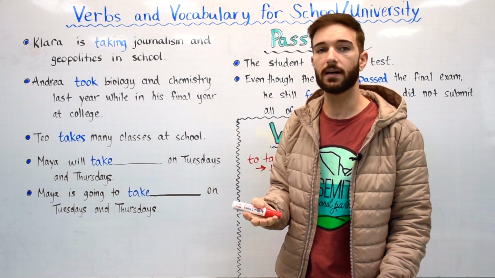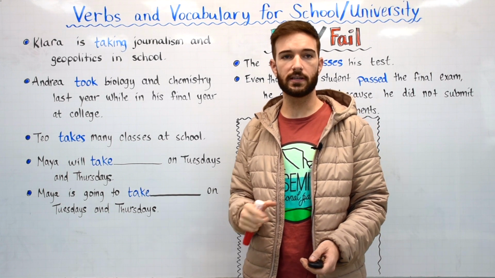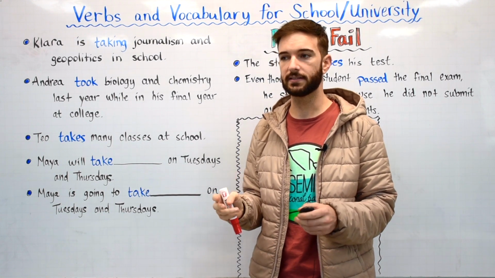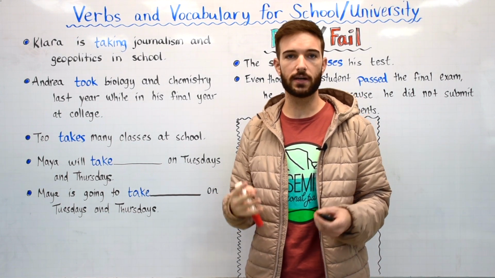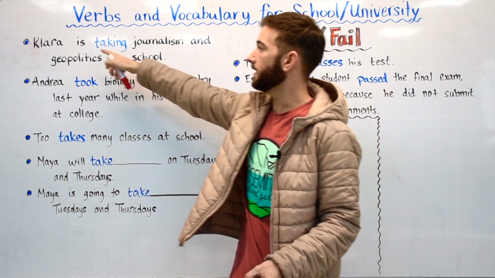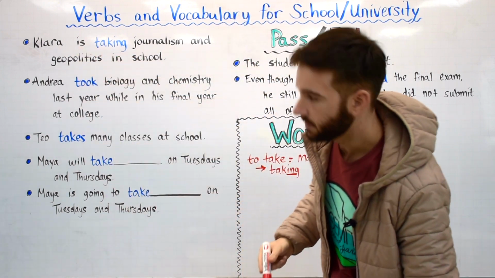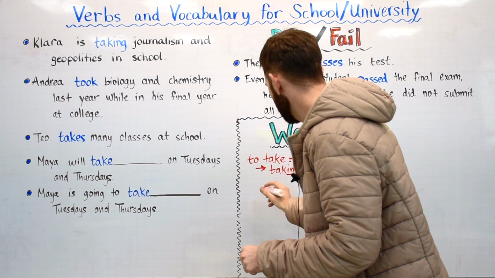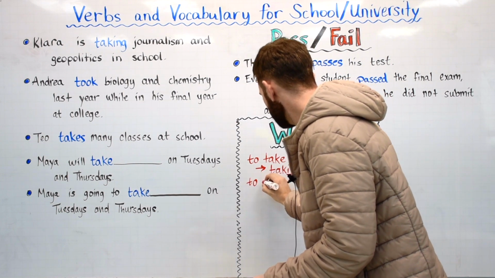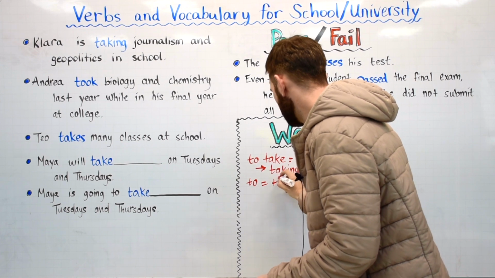Here we have the verb to take. You can take a class, okay? So të marrësh. Dhe është në kohën e tashme progresive. It's in the present progressive tense, e cila paraprihet nga folja to be, të jesh. So to be, it's like të jesh, or jam.